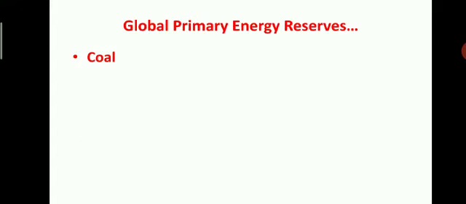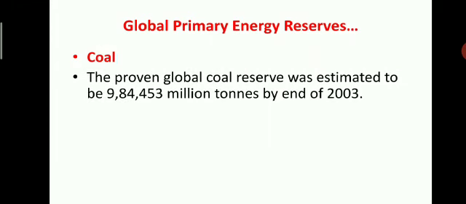Let us see global primary energy reserves. Coal. Number one, coal. The proven global coal reserves was estimated to be 9,84,453 million tons by the end of 2003. I am having the figure of 2003, that's why I am giving you the figures of 2003 here.